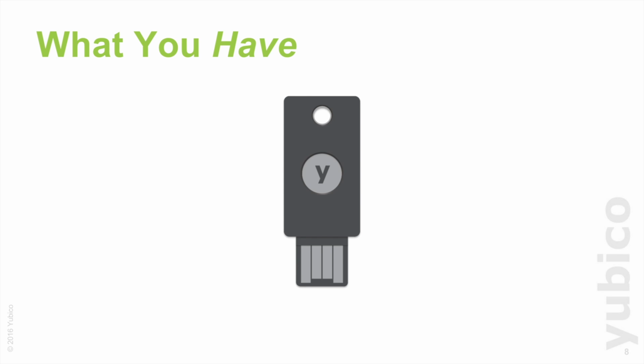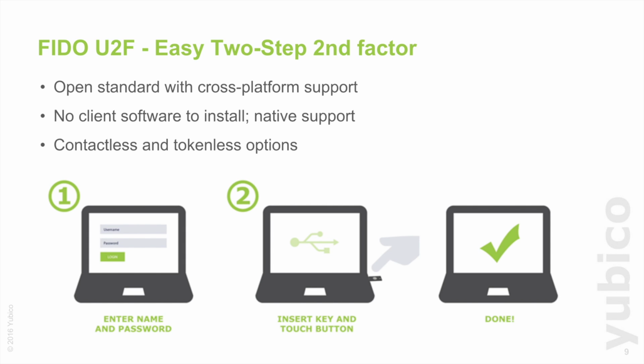So what is new in the world of what we deem the Universal Second Factor, U2F, is a new open standard that has been defined, and basically it allows you to use something you have together with something you know. The FIDO standards define the second factor as either a software or hardware device.